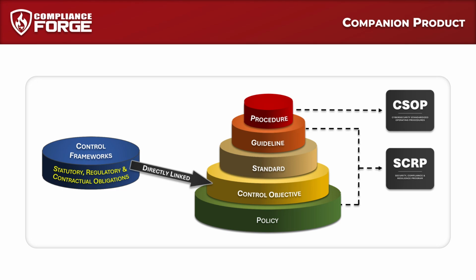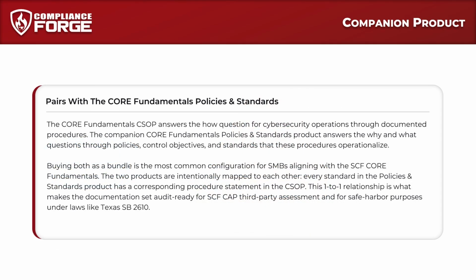One more reason to buy. As this diagram shows, policies, control objectives, standards, guidelines, and procedures build on each other. The Companion Core Fundamentals Policies and Standards product covers the policies and standards, while the CSOP covers the procedures. The CSOP answers the how question for cybersecurity operations through documented procedures. The Companion Core Fundamentals Policies and Standards product answers the why and what questions through policies, control objectives, and standards that these procedures operationalize.